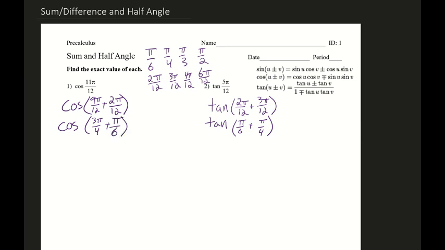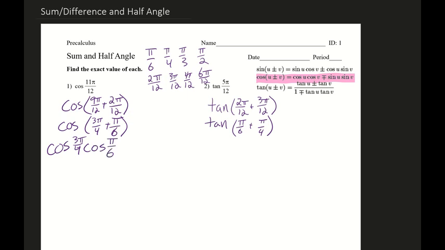Now, we just take a look at our formulas. And so for our cosine, we've got the cosine of 3 pi over 4 plus pi over 6. For our cosine identity, right here, we just substitute these in. So it's cosine of the first angle, so cosine of 3 pi over 4, cosine of the second angle.